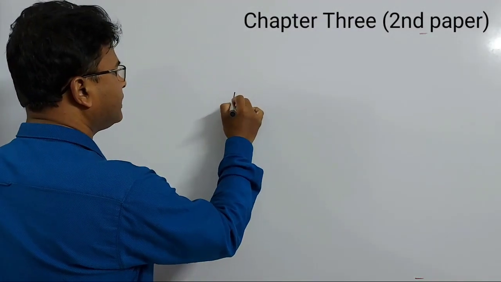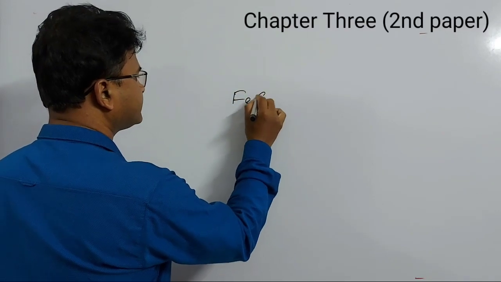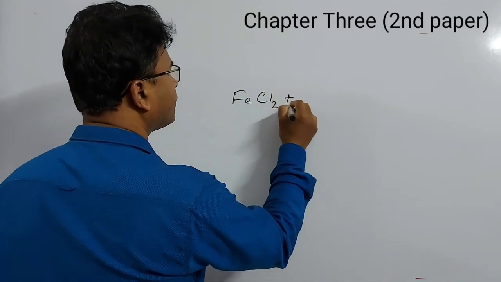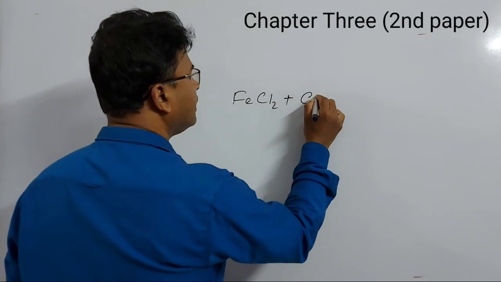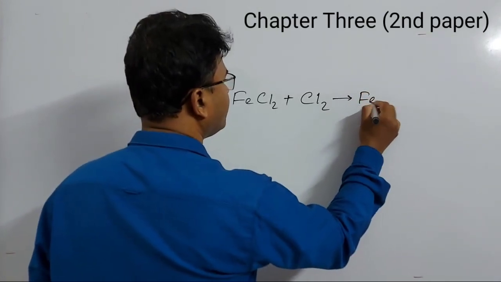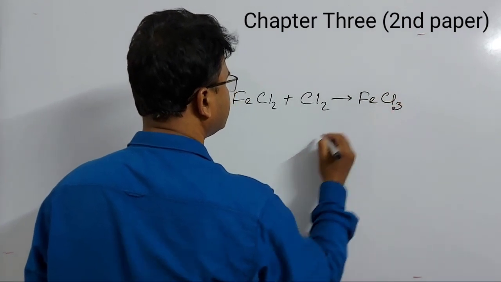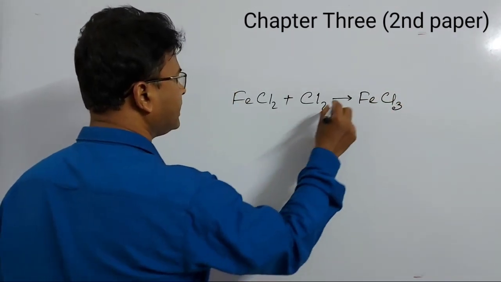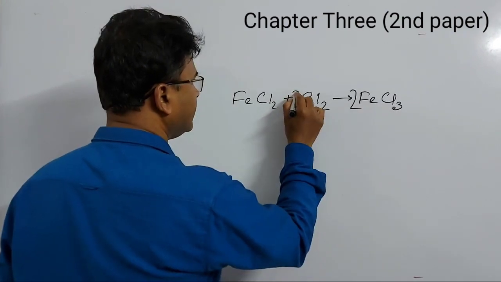Look at the whiteboard. Ferrous chloride reacts with chlorine to produce ferric chloride. To make it balanced, I have to write here 2 and 2.